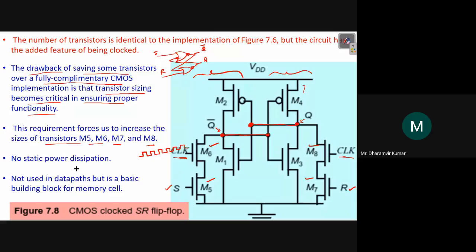Since this is drawn in this fashion, PMOS and NMOS are complementary to each other, so in this type of circuit static power dissipation is not an issue. This kind of memory is not used in data paths, but is a basic building block for a memory cell.